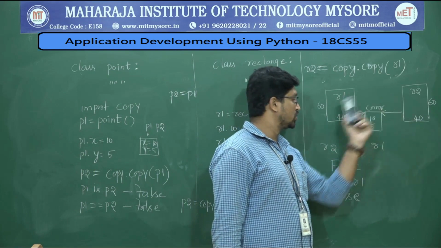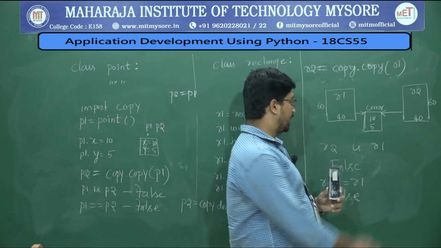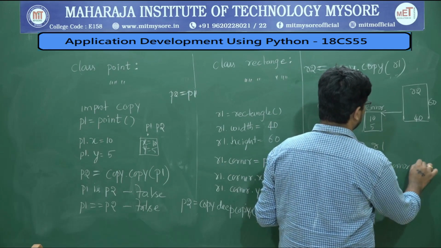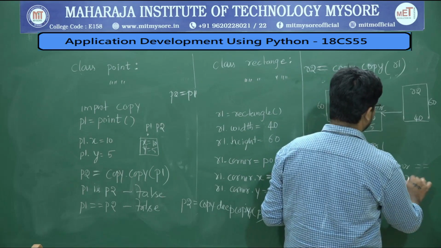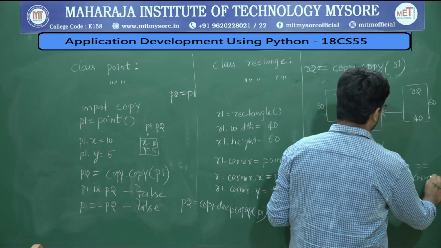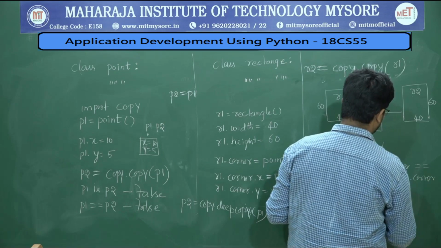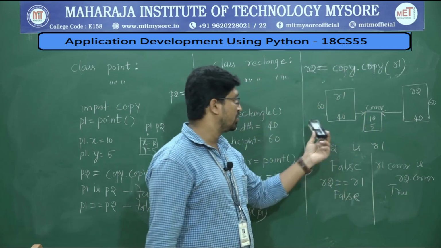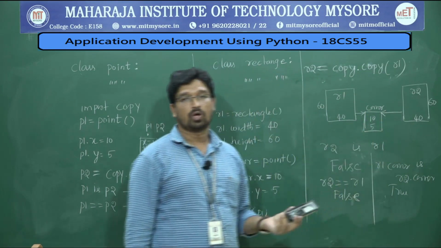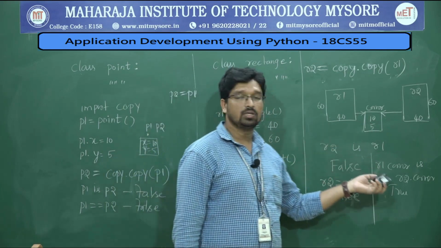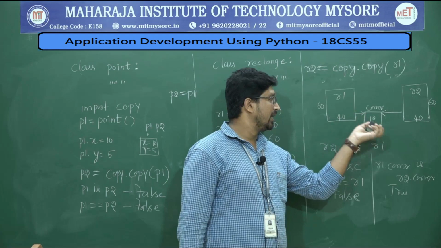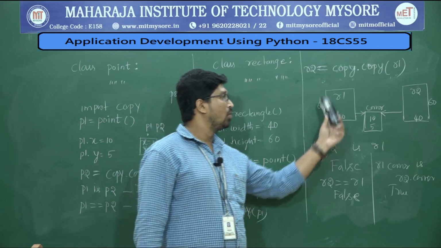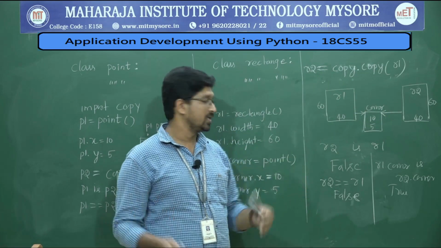In the same way here, two separate values got created, but when you check whether R1 dot corner is R2 dot corner, you will get true as a result, because both are pointing to the same location. The inner reference objects are not copied; only the outer objects are created separately.